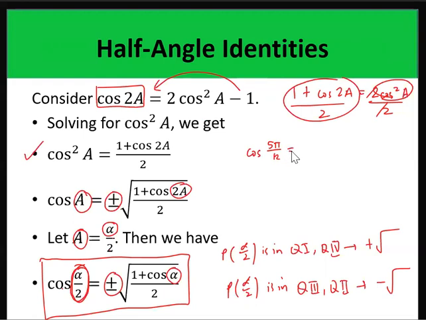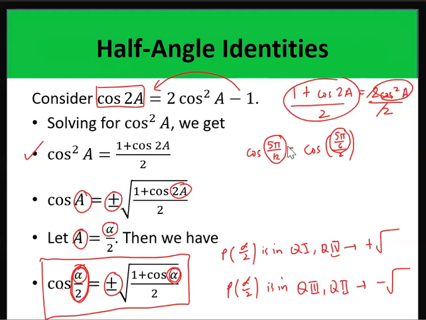Cosine of 5 pi over 12 can be written as cosine of 5 pi over 6 over 2. So that means alpha is equal to 5 pi over 6. So this one is our alpha, 5 pi over 6. Now, 5 pi over 12 is an angle in the second quadrant.